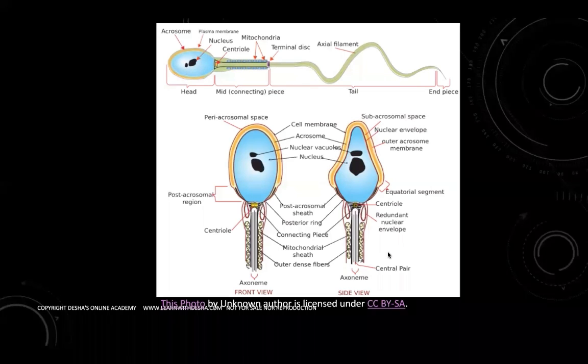It also contains the enzyme acrosome, which helps the sperm to penetrate the egg. Also, in the midpiece, you can see numerous mitochondria, and the mitochondria provide the energy to help the sperm use its tail to swim up the female reproductive system to reach the egg.